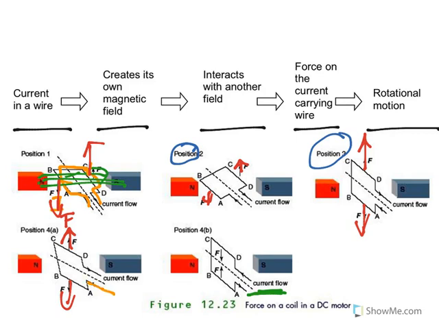Remember here the current's going in that way and out that way. If we don't reverse the current, those forces are just going to pull that coil in this direction up there, and it's going to get stuck like that, which we don't want. So if we reverse it so that on this top one the current is going in and the current is going out there, the force will change direction, and so it would keep continuing to rotate.